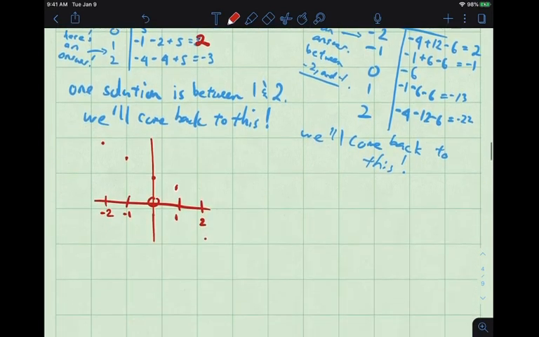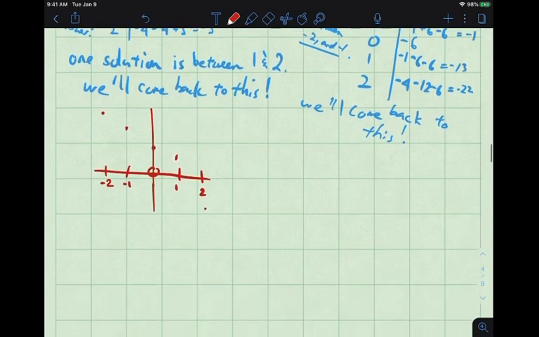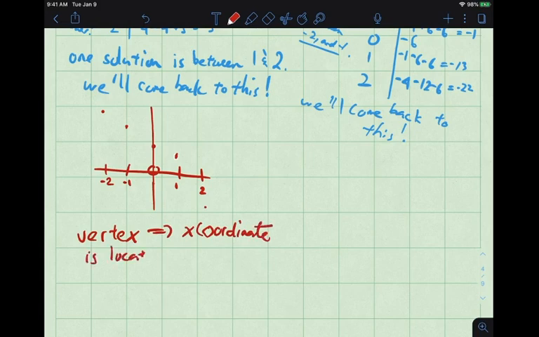So instead, we can start to go to the main point, for the vertex. A helpful formula for this is that the x-coordinate is located at negative b over 2a.